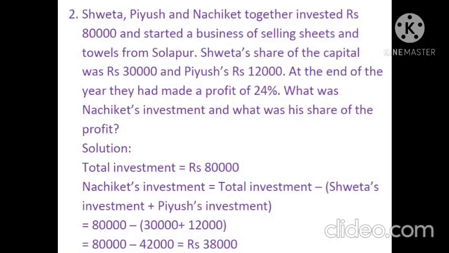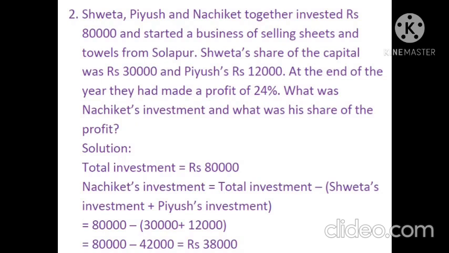We have been given total investment rupees 80,000, Shweta's investment rupees 30,000 and Piyush's investment rupees 12,000. From this we will find Nachiket's investment. Nachiket's investment is equal to total investment minus Shweta's investment plus Piyush's investment, which is 80,000 minus 30,000 plus 12,000, which is 80,000 minus 42,000, which is equal to 38,000.